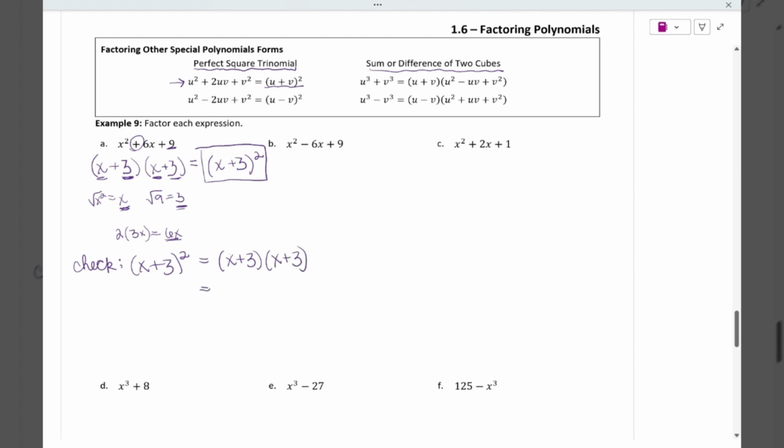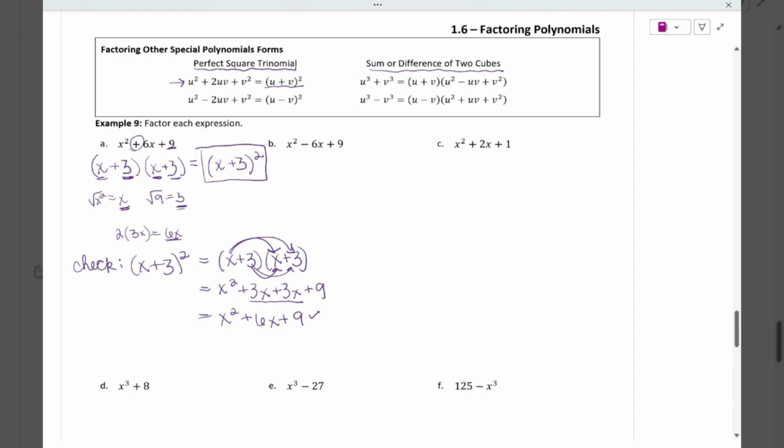So x times x is x squared, x times 3 is 3x, then 3 times x is another 3x, 3 times 3 is 9, and then when I combine the middle like terms, I would get x squared plus 6x plus 9. So this again is my original expression, x squared plus 6x plus 9.